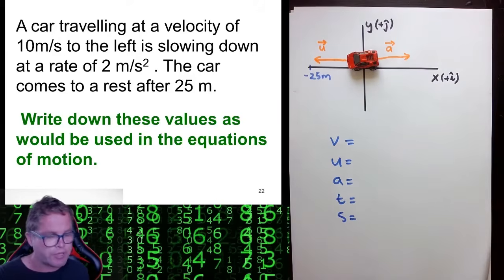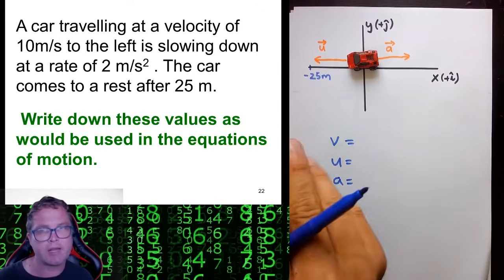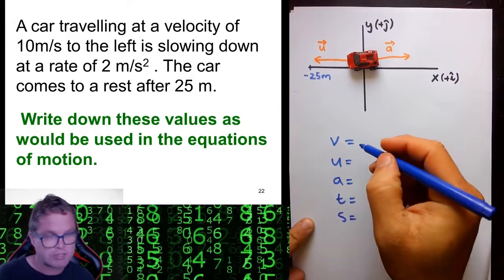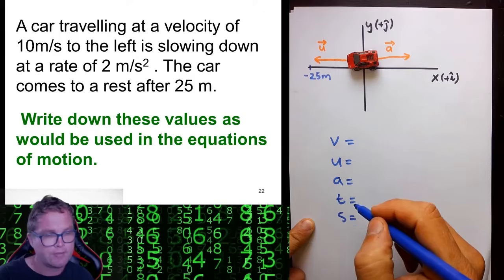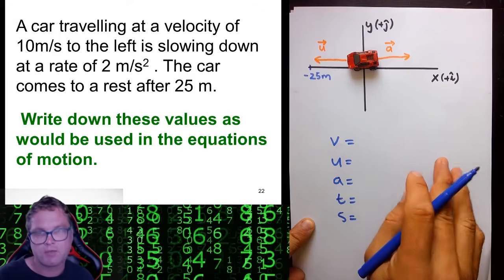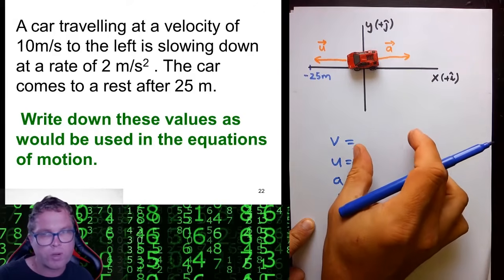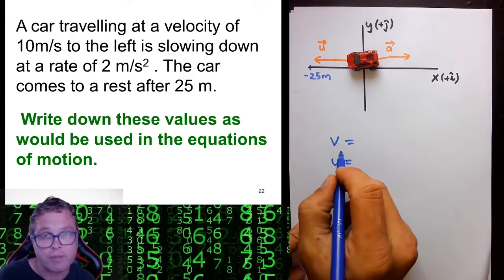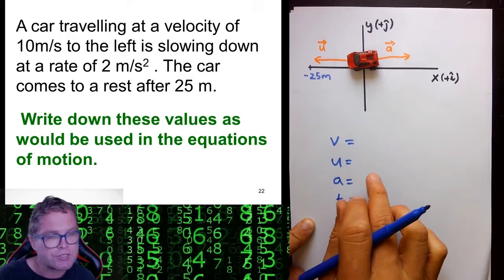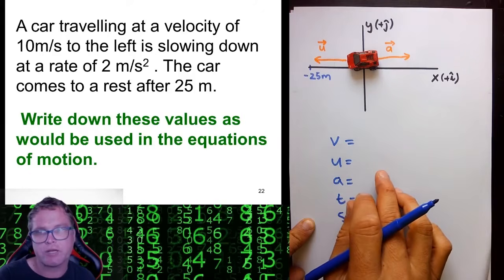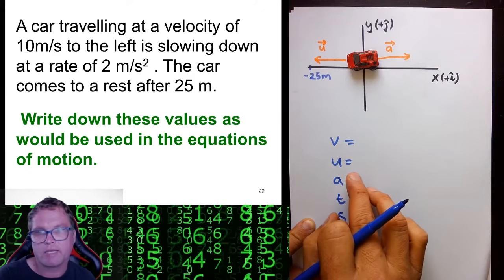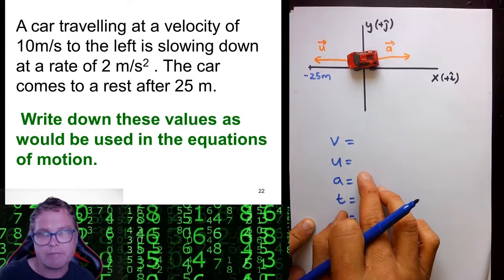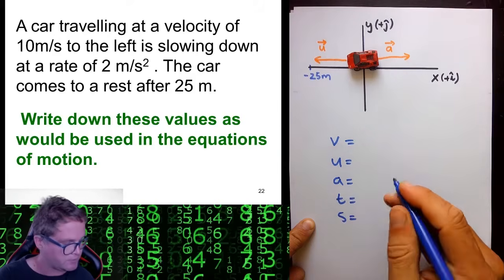And the question asks, write down the values as we would use them in the equations of motion. So when we're working with the equations of motion, we're always interested in the same quantities. We're interested in v, u, a, t, and s. So, okay, we're not given the final velocity. We're not given information about v, but we certainly are given information about u. They say it's traveling at a velocity of 10 meters per second to the left.